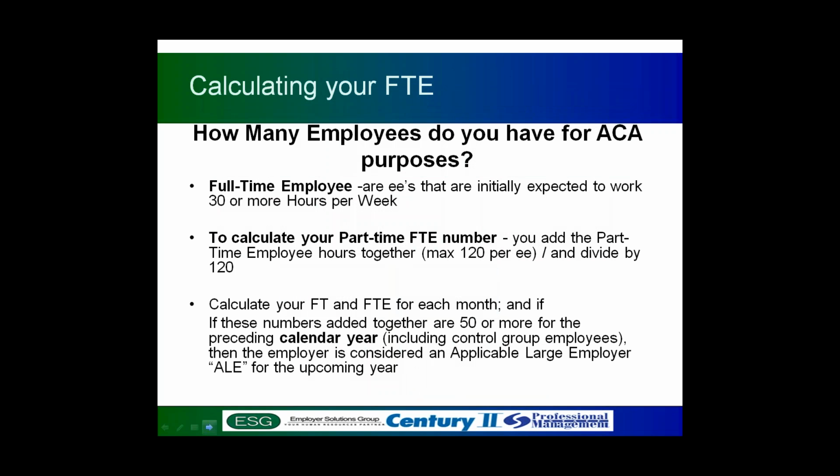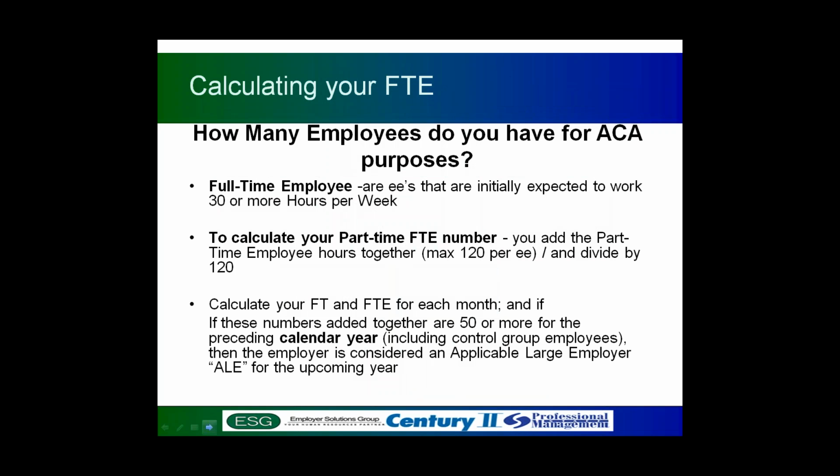Now, in order to calculate the full-time equivalent, first you need to look at your full-time employees. And remember, the full-time employee definition is those employees expected to work 30 or more hours per week.